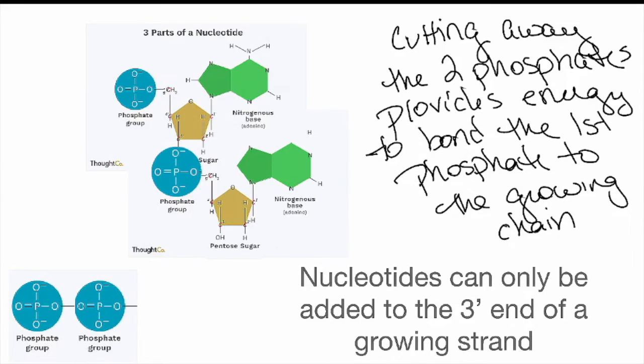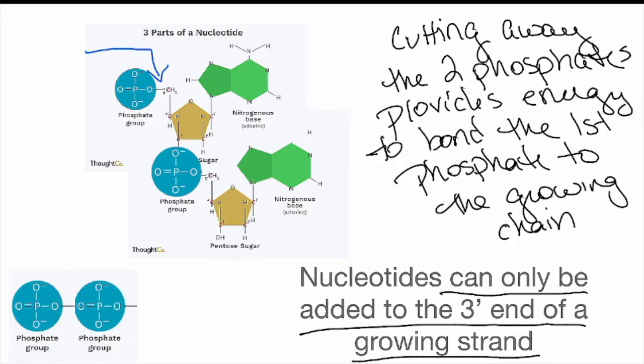And we're going to talk about this in more detail, but you need to know this up front because understanding the mechanism will help you understand the entire process and help you remember that nucleotides can only be added to the 3' end of a growing strand. Only. Remember that I pointed out over here at the 5', we've already got a phosphate.